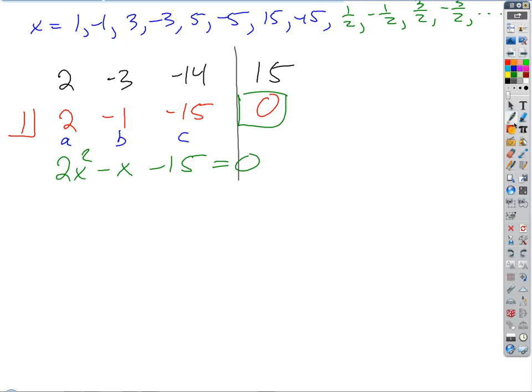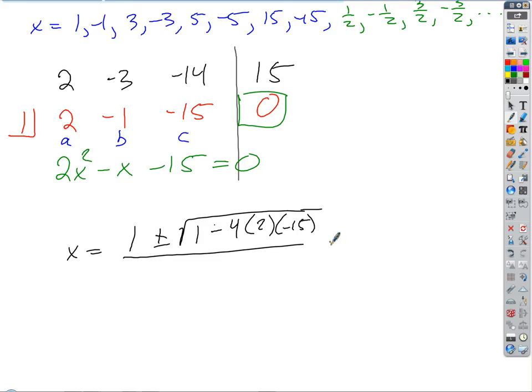So if I do the quadratic formula, I'm just going to get x equals -b. What's that? Plus 1, plus or minus the square root of -1 squared, which is 1, minus 4 times a times c, which is -15, all divided by 2 times 2, which is 4, right?